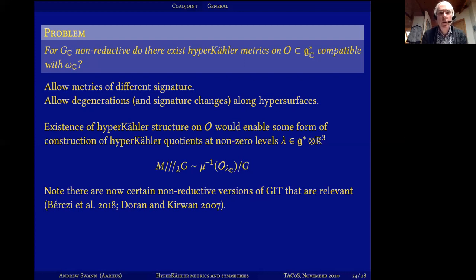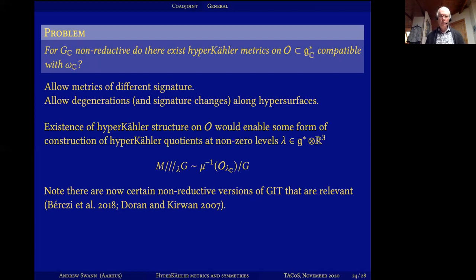So in symplectic geometry, you can take symplectic quotients at levels that correspond to elements in the center of the algebra, but you can also, using co-adjoint orbits, take quotients at levels corresponding to other values in the dual of the Lie algebra. So what you have to do is take the pre-image of co-adjoint orbits, and then take the quotients of those by the group.